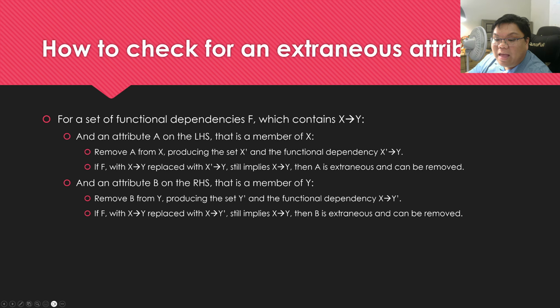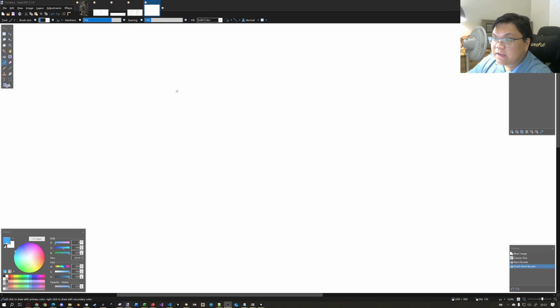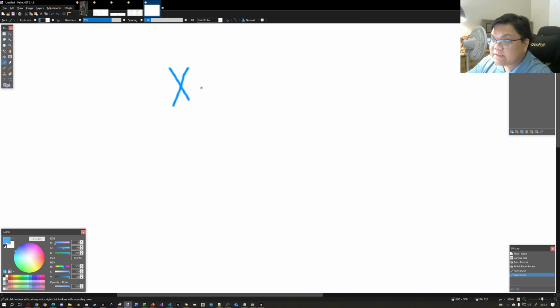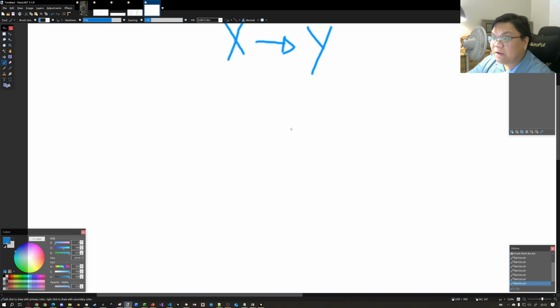I'm going to actually write this down on paint.net. So our functional dependency is X determines Y, but it might be easier to think of it as the following.